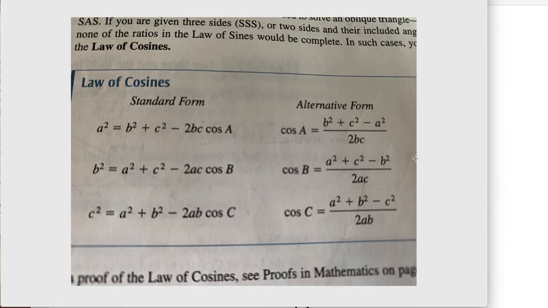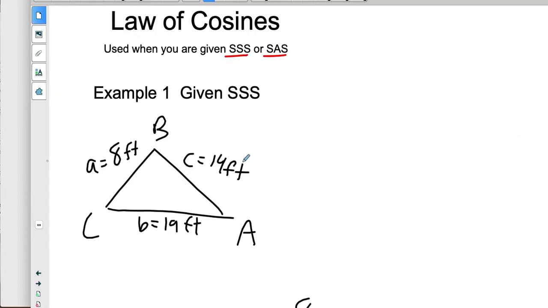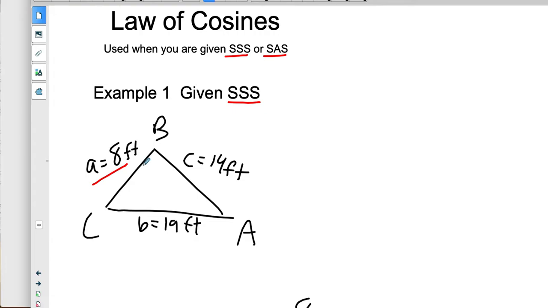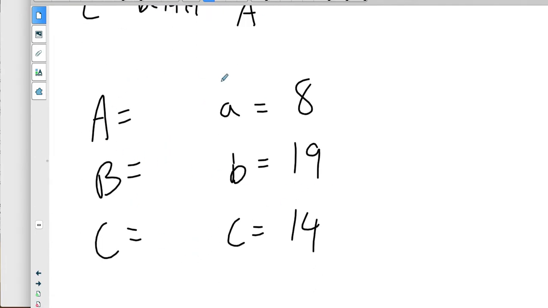Okay, so we're going to solve the problem we got. Example 1, we're given side, side, side. So we're going to use one of these three formulas to solve for the angle first. Okay, so I have it set up down here. Now, rule of thumb is if you use law of cosines for this whole problem, then it doesn't matter which angle I solve for first.